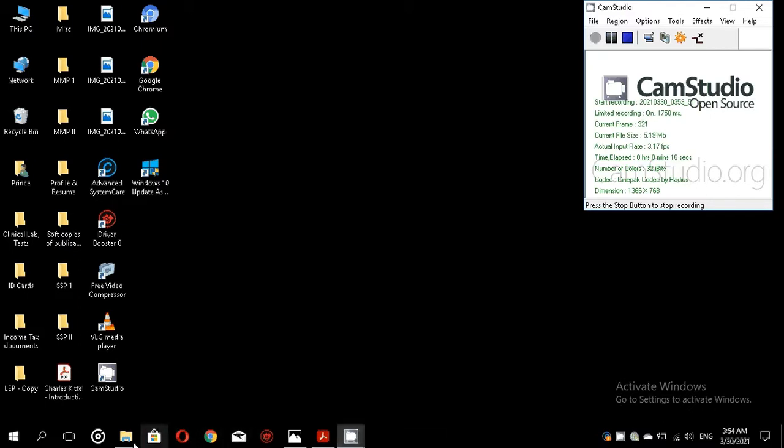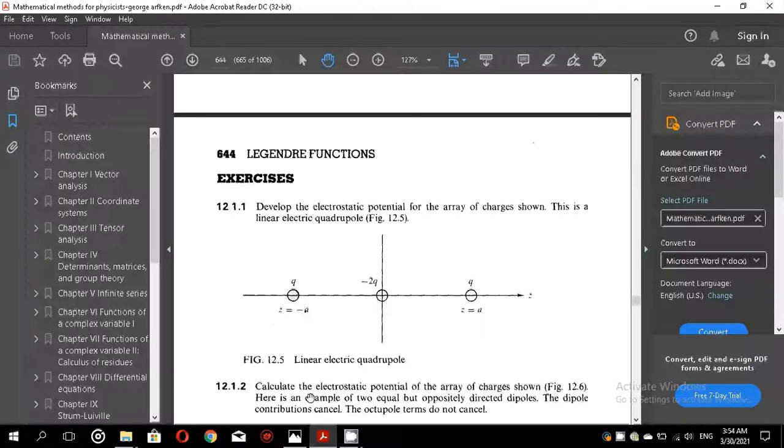Let me go to exercise 12.1.1 at page 644 from the book by Arfken. In this exercise we have to develop the electrostatic potential for the array of charges shown.